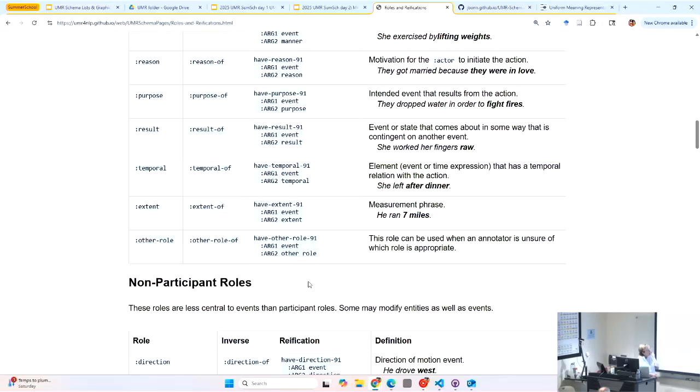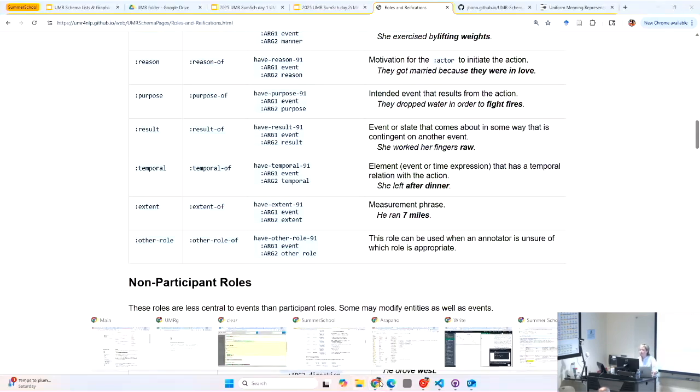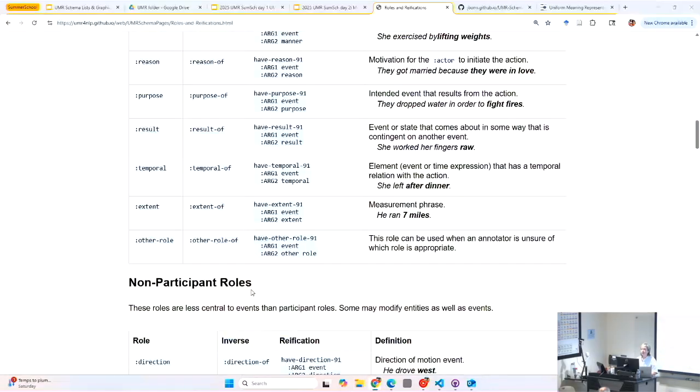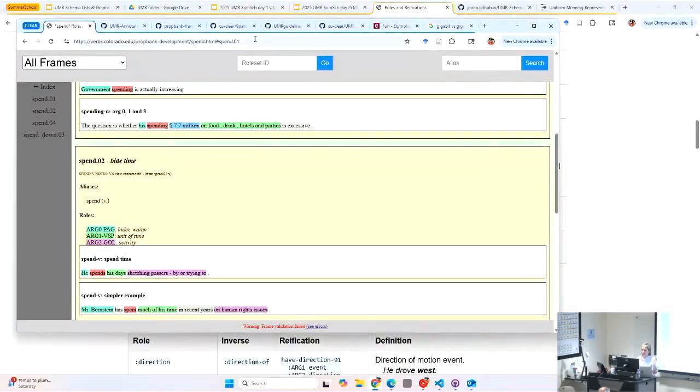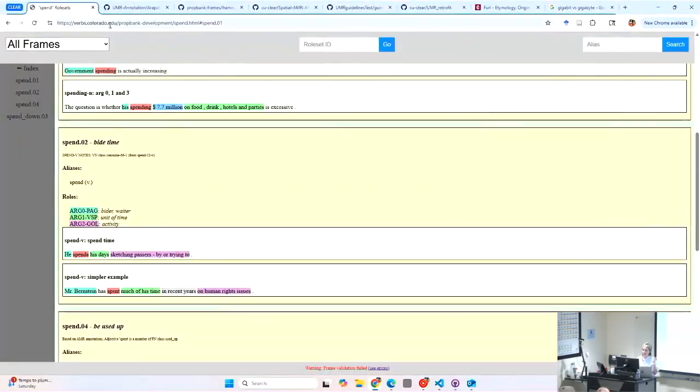Yeah, so I want to point out the website for the PropBank role sets, and I can put a link to this somewhere, but it's at verbs.colorado.edu, PropBank development.